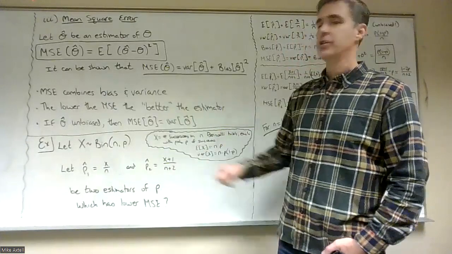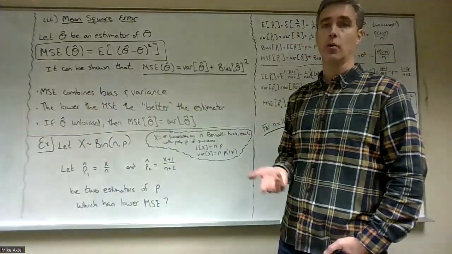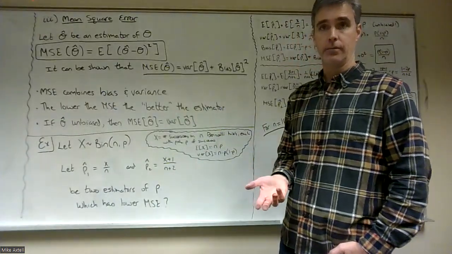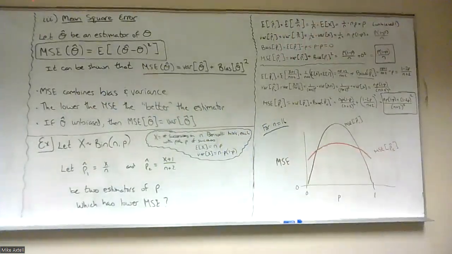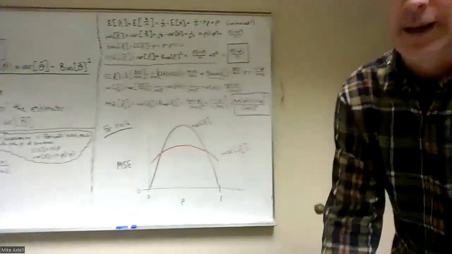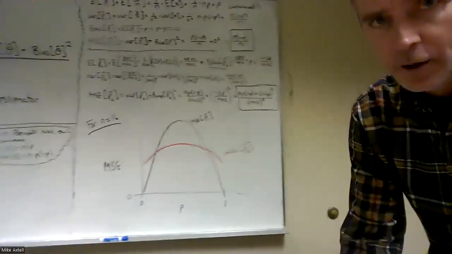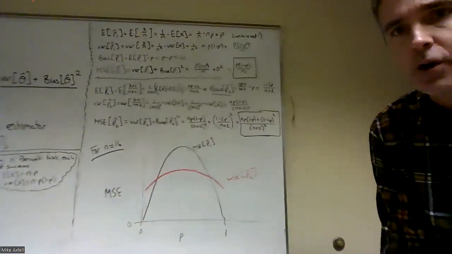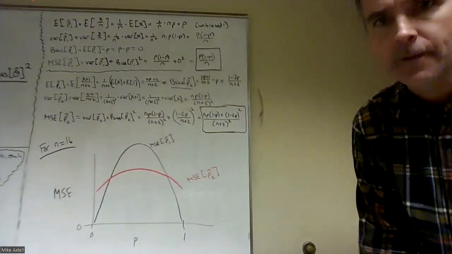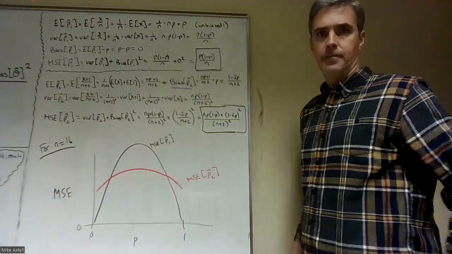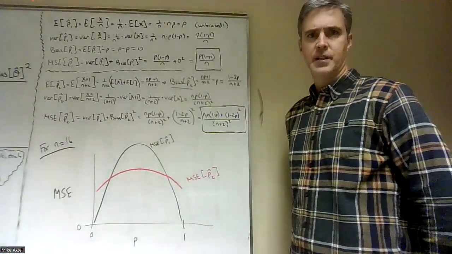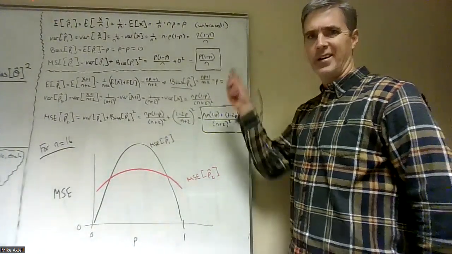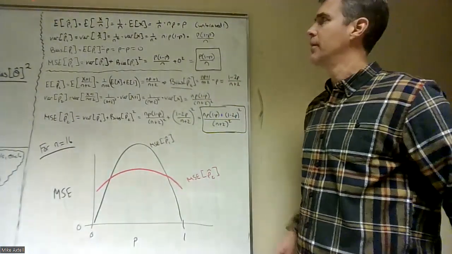The question is, which of these two estimators of p has the lower mean squared error? All right, so pause, grind out that computation, and then press play.